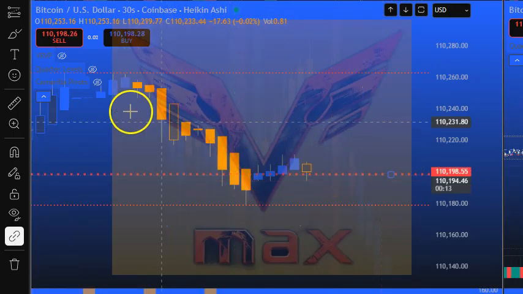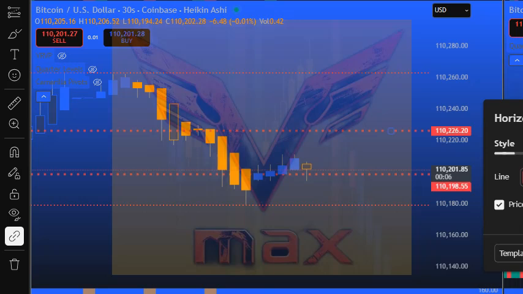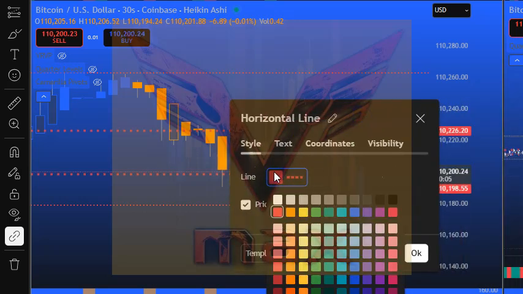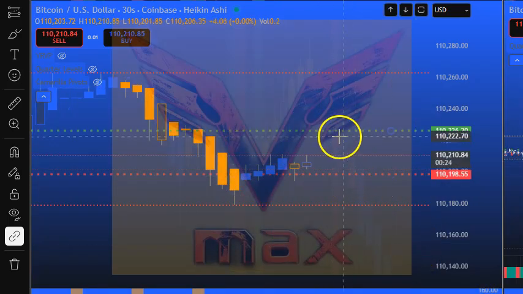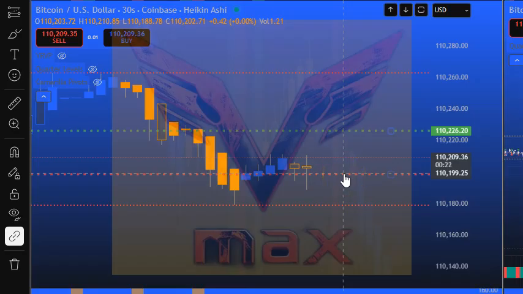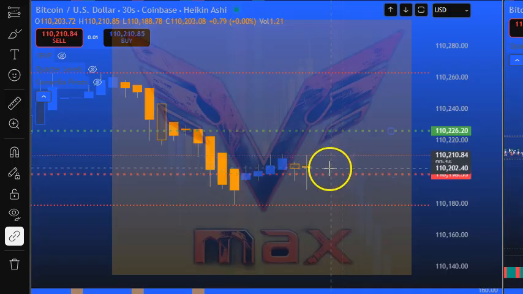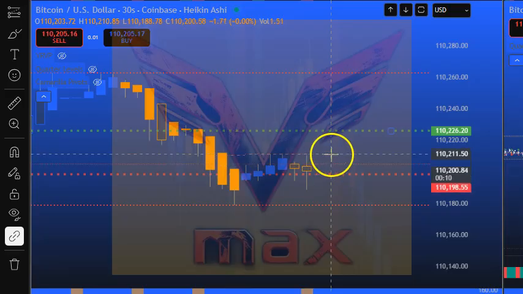Now, this will be a target range. So if you enter a trade, your stop loss and your take profit are the previous doji candle, center of the doji. If you really want to be safe, you're going to do the top of the doji.